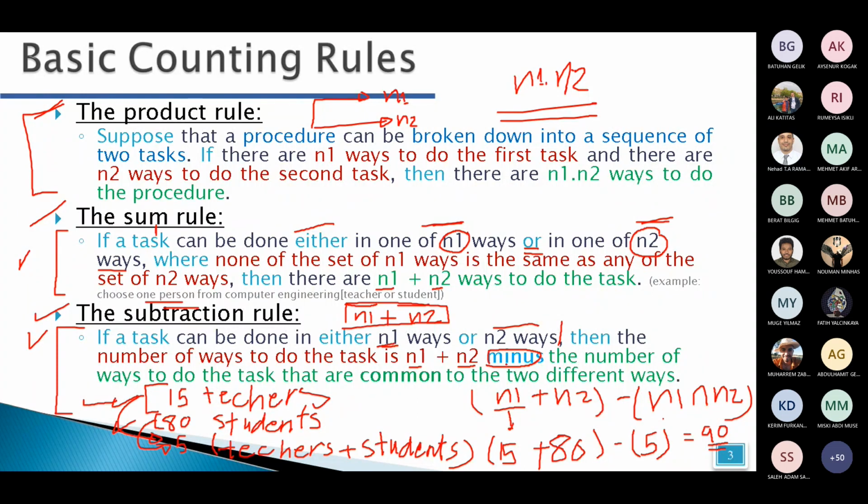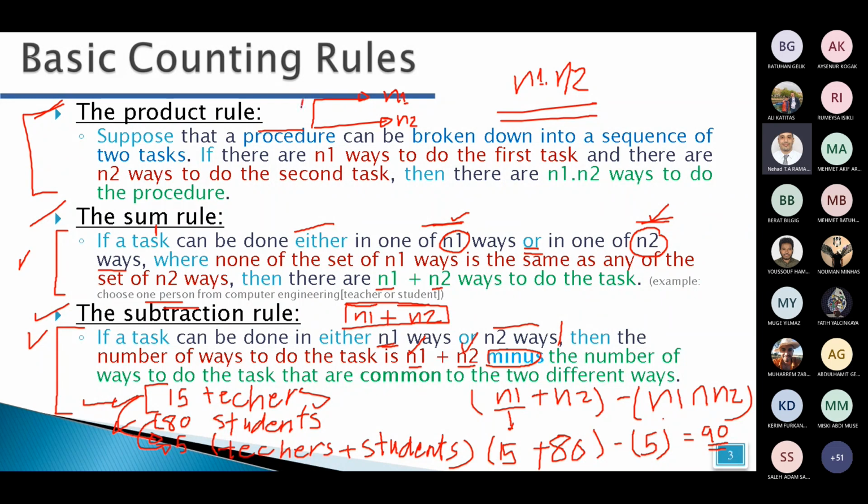When we have between these two groups of ways to do the task, when we have an intersection, we have common ways, then we minus the intersection. Summation is when the two groups of ways to do the solution have no intersection between them. And product is when we need to do a procedure, and this procedure has two subtasks.